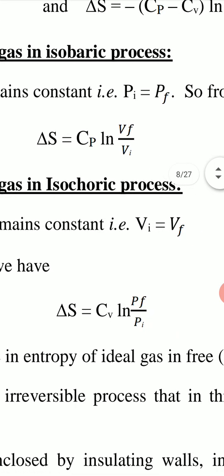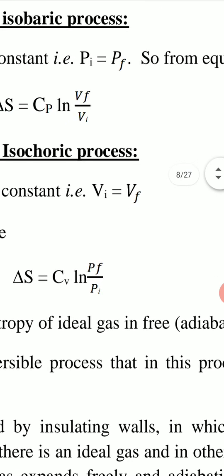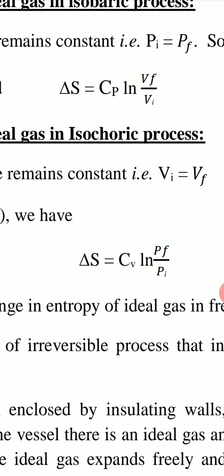For isobaric process, we have pressure constant, that is Pi equal to Pf. So where we have terms like log Pf upon Pi, it becomes log 1, that is equal to 0, and we get the expression for change in entropy delta S as Cp log Vf upon Vi.